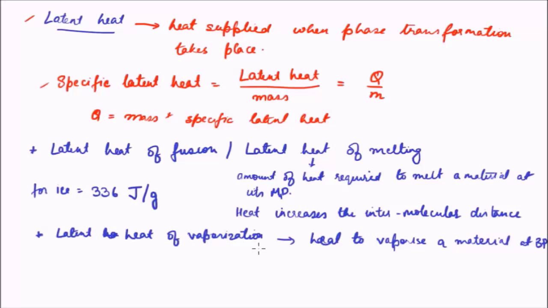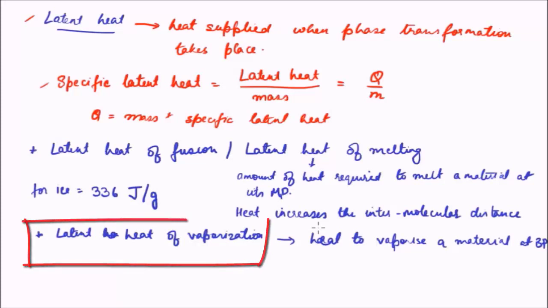Here again, during vaporization, the temperature remains stagnant. So where does the heat go? The heat goes into, one, increasing the intermolecular distance, similar to what was happening here, and second, the volume increase when we change a liquid into a gas is enormous. It is manifold. So this work has to be done against the external pressure, the air pressure.